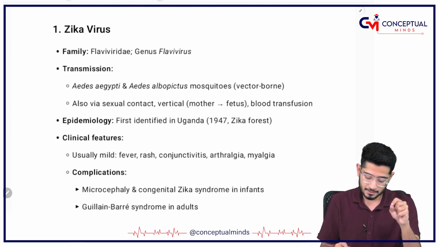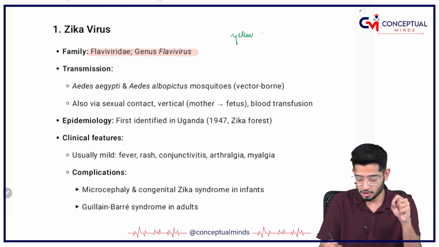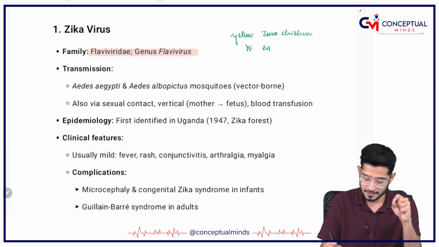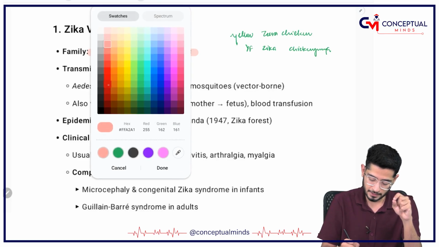Starting with the Zika virus, it belongs to family Flavivirus. I think I have told you the mnemonic "yellow jeera chicken", that means yellow fever, Zika virus and chikungunya. They all belong to Flaviviridae, my dear friends.